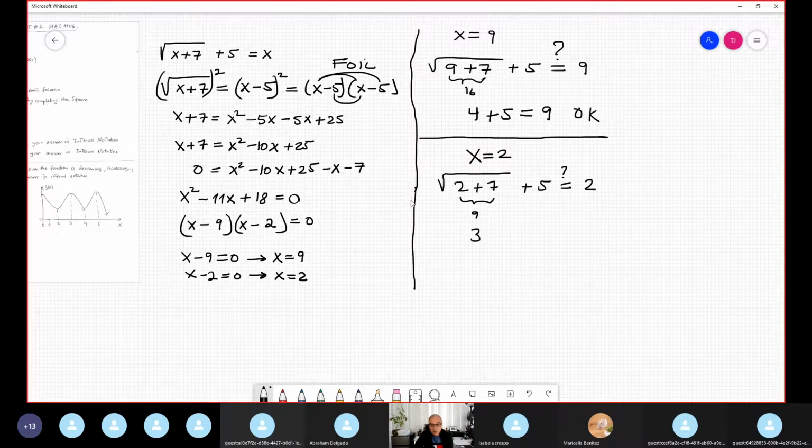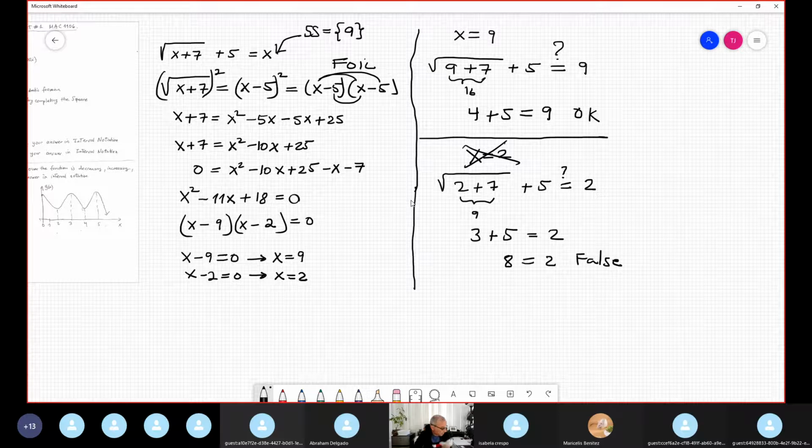Square root of 9 is 3. And 3 plus 5 is 8, not 2. This is completely a contradiction. This is completely false. That means that 2 doesn't work, and the only solution for this equation is 9. You copy here: solution set is equal to one value, 9. End of the story. Any question?